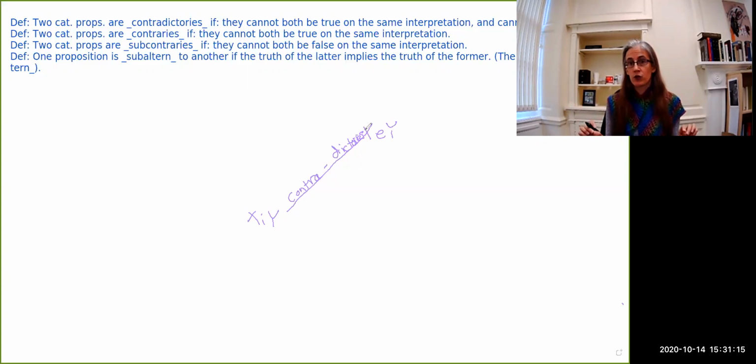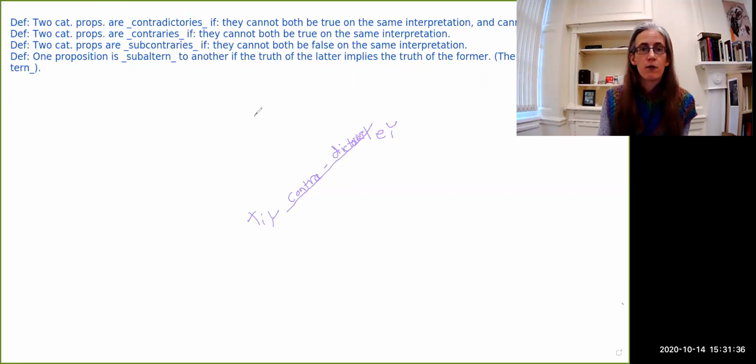You can prove this for yourself, and I strongly encourage you to, because it's good practice to make sure that you have a really clear understanding of how interpretations work, what these definitions mean. So what I'm doing now is simply reporting without proof certain facts about relationships between pairs of propositions.